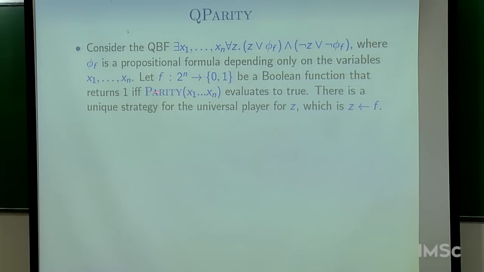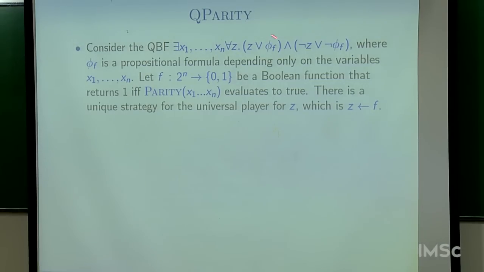The strategy for the universal player is to always play Z as parity, so that one of these clauses will always be refuted. If these X variables are parity, then you set Z to true, and then this clause is satisfied, but this clause is refuted. Likewise, if there was no parity, you'd set Z to 0, and then this clause would be refuted.